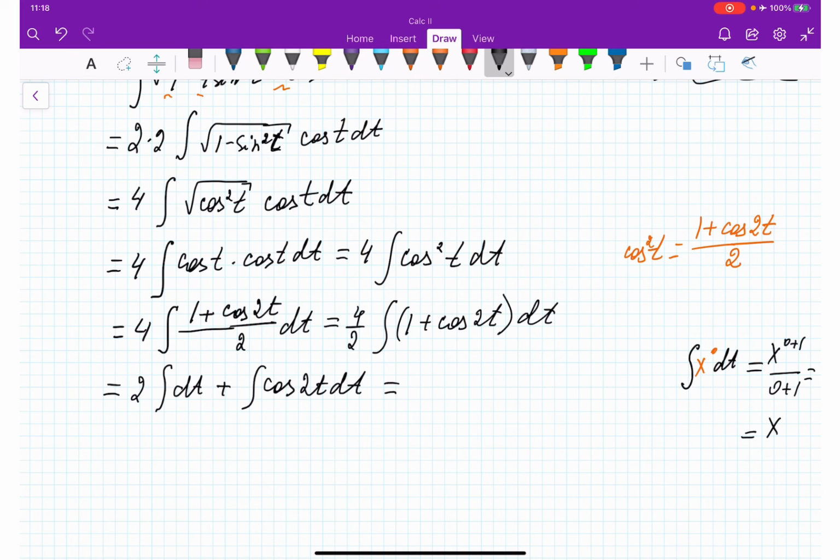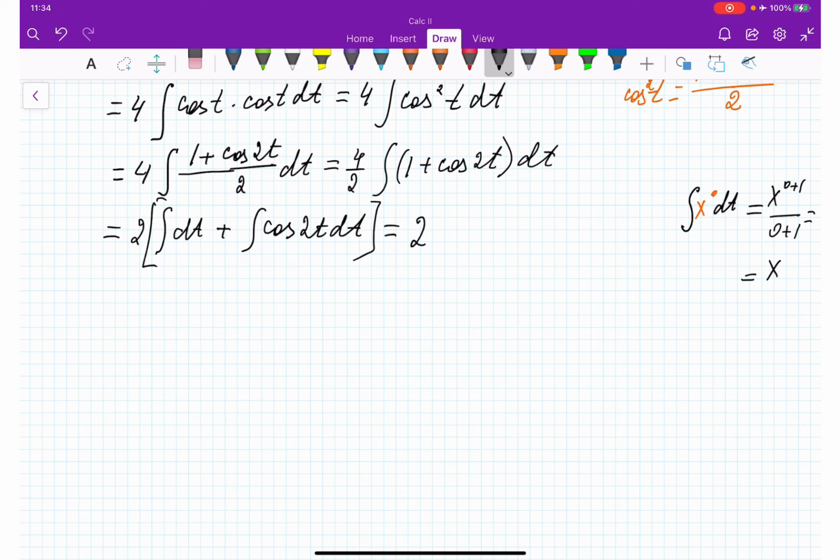Therefore, t will come out of here, and we get 2t plus 2 integral cosine 2t dt. I'm not integrating yet because I want to do some manipulation and I want you to see it. 2t plus. So look what I'm facing here: 2t here and 1t here.